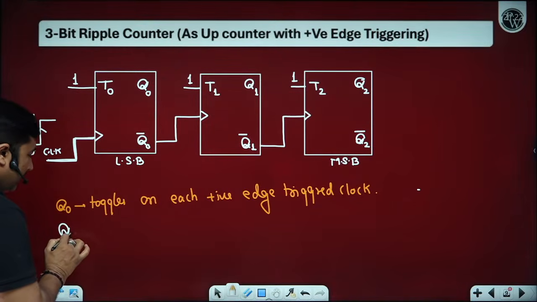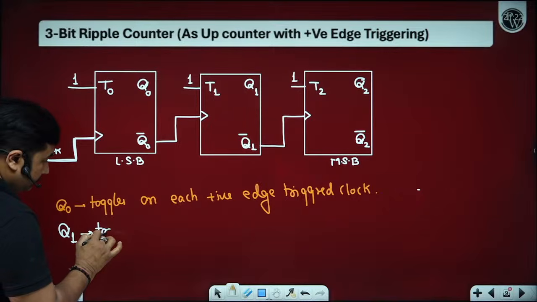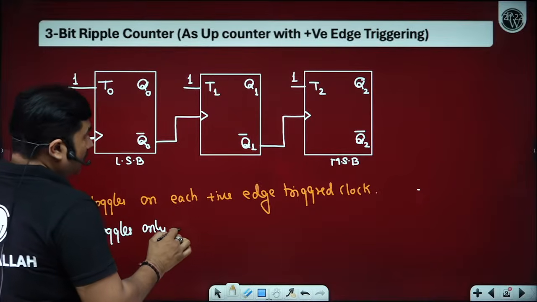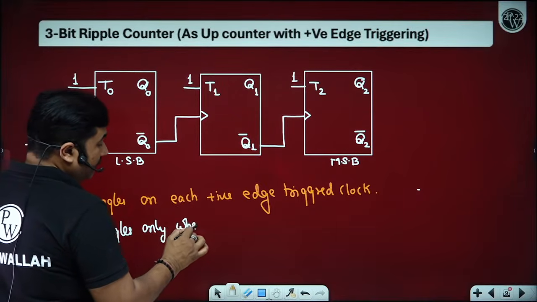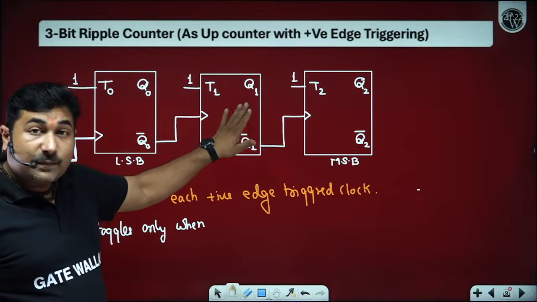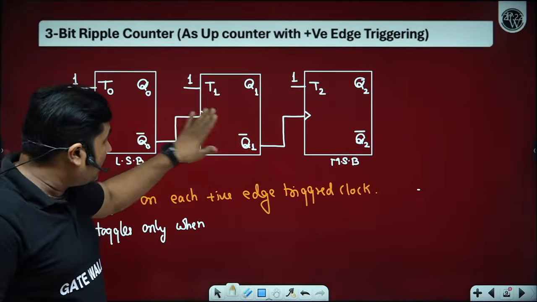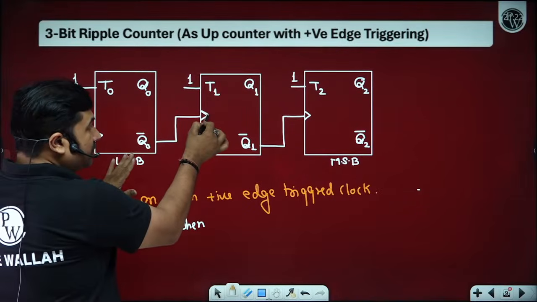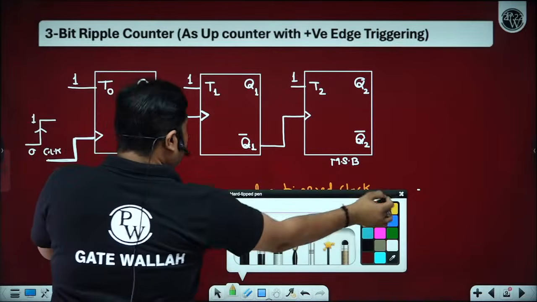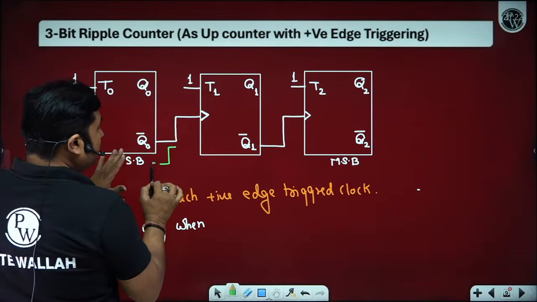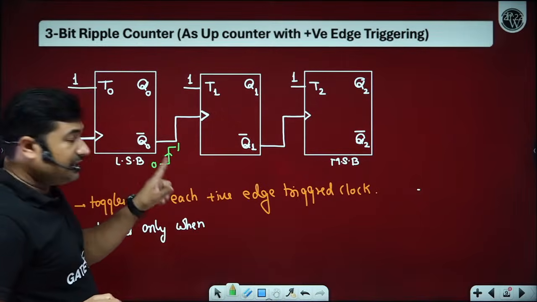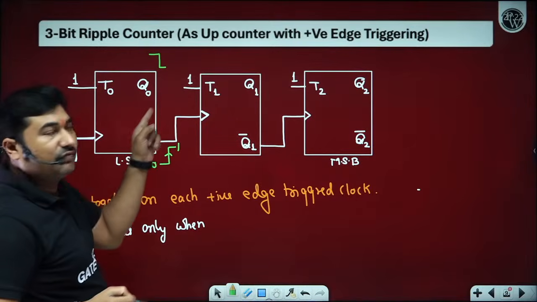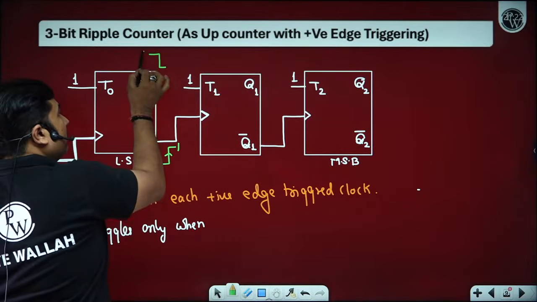However, if we observe Q1, it toggles only when the clock appears on flip-flop 1, and the clock onto flip-flop 1 is Q0. This is the symbol of positive edge triggered. So when Q0 changes from 0 to 1, at the same time Q0 bar is changing from 1 to 0.